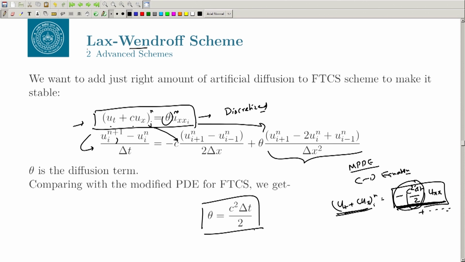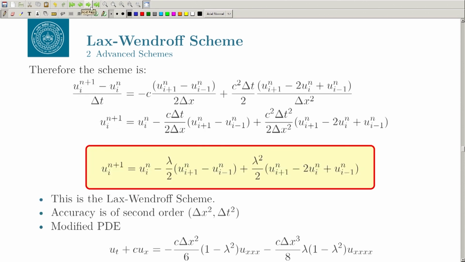So, finally your scheme will become like this. This is our scheme for solving.